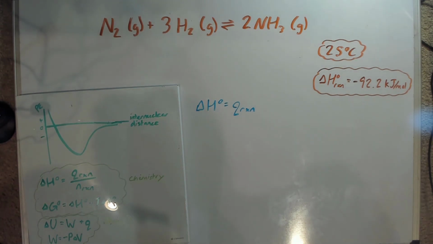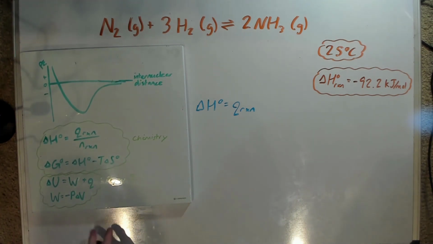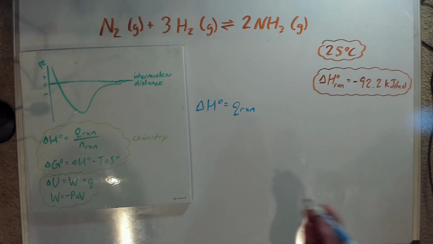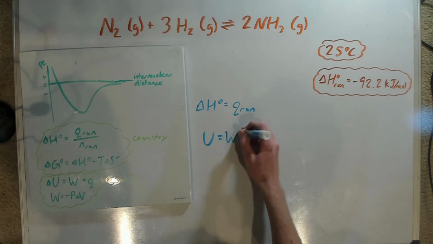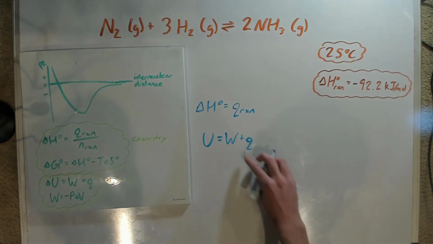So now we're going to talk about what the rest of these things mean. But I'm going to first do a little bit of physics derivation to try to conceptualize where this heat energy is even coming from. So we know that the internal energy is equal to work plus Q, or work plus heat. Well, there's heat right there.